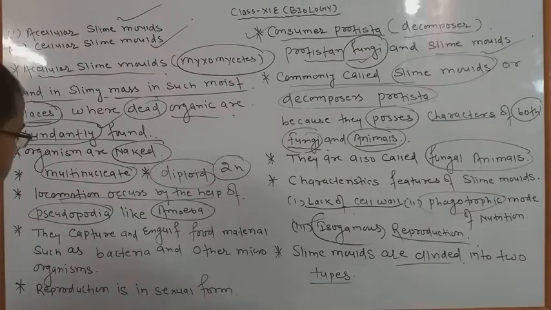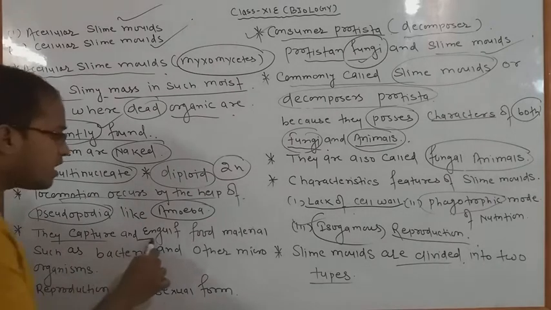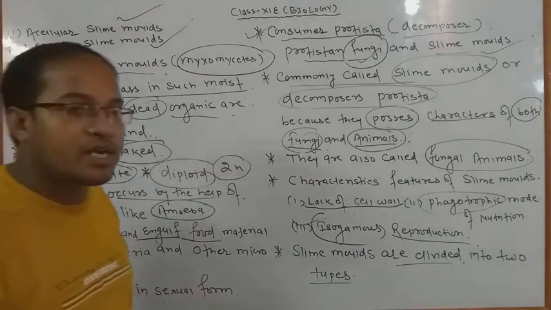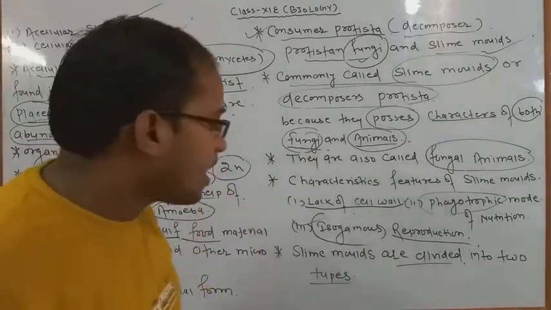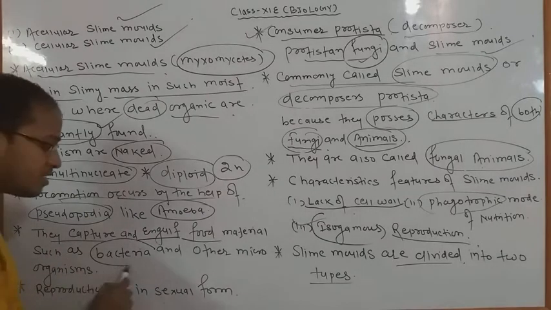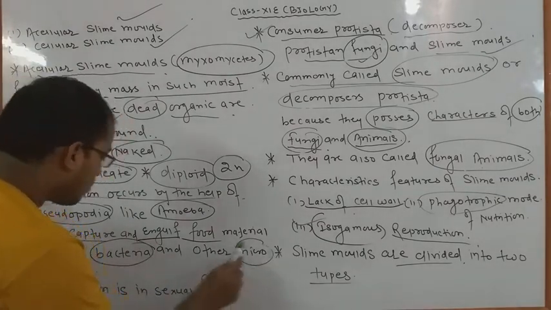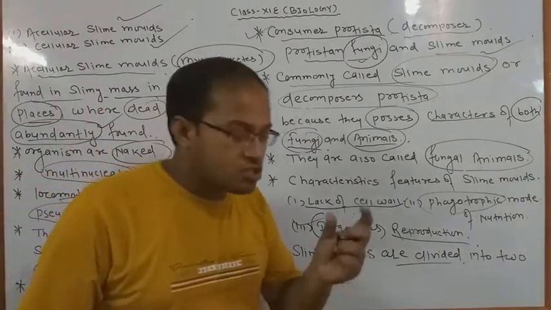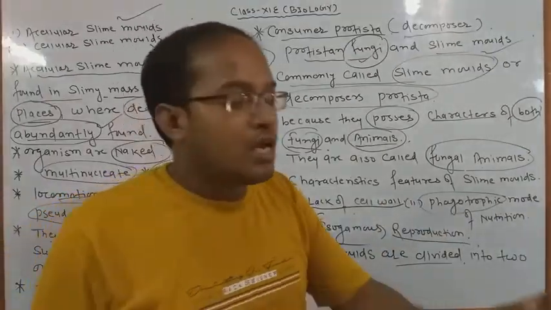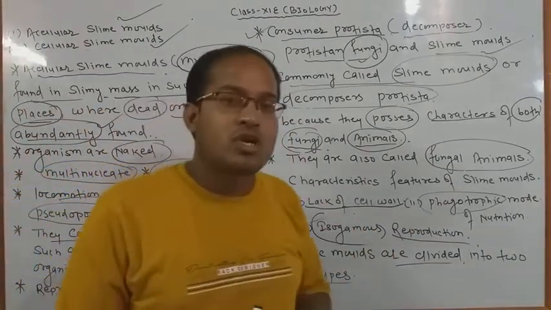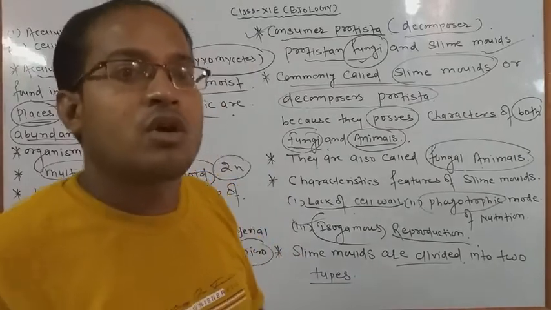Okay, now next. They capture and engulf food material, same as amoeba. We have studied how amoeba takes its food by engulfing or capturing food material such as bacteria, such as microorganisms. We know that microorganism, micro means very small size, and organism means a special type of species. जो बहुत छोटे organism होते हैं that is called microorganism.